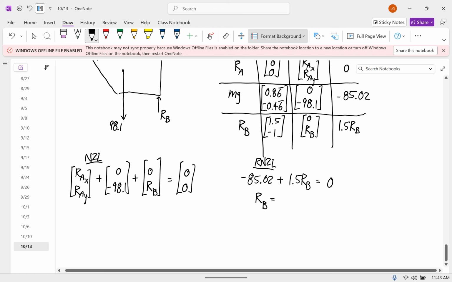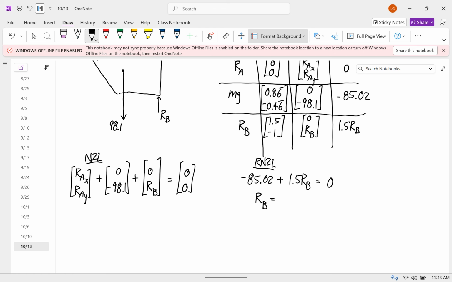So RB is equal to positive 56.68. And RA is 0 for X, and then for Y, 41.42.